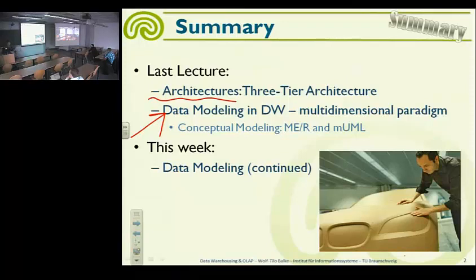It's rather abstract. You usually use it to give a view for the people who are in the business, so it's a summary level. And since we're talking about data warehousing, unlike databases, you're going to hear us say time and again that we're working in a multi-dimensional paradigm.